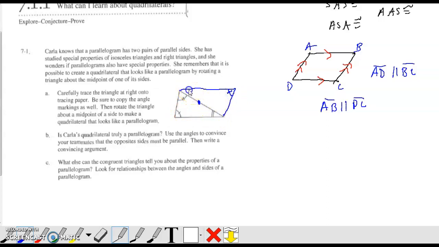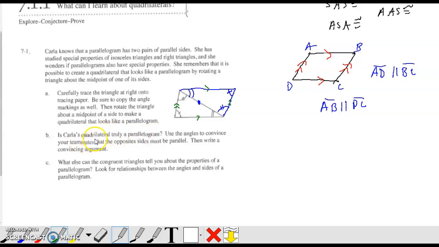This double angle would match up perfectly right there, and then this angle down here would match up right there. So we've rotated our triangle to make a quadrilateral that looks like a parallelogram, because this side is going to be parallel to that side, and this side would be parallel to that side.